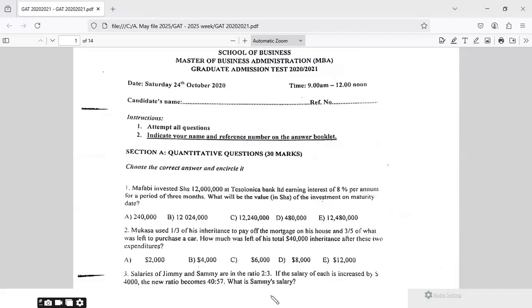And then we need to add these two: this one that was spent on mortgage, and this one that was spent on a car. When we add them, it gives us how much?